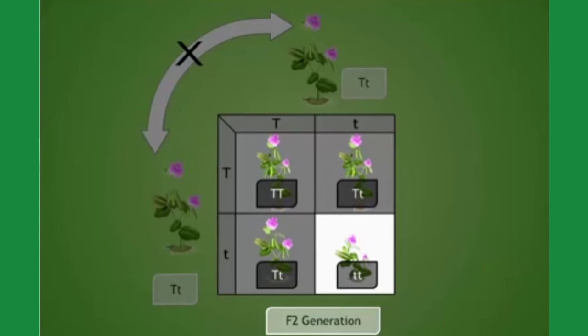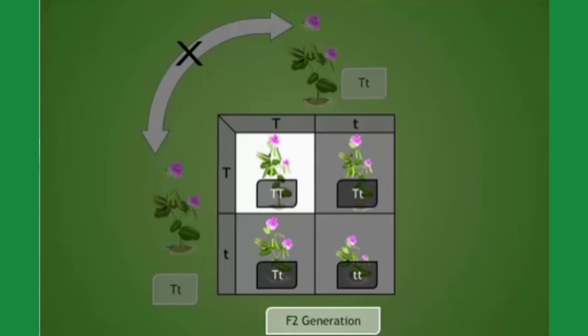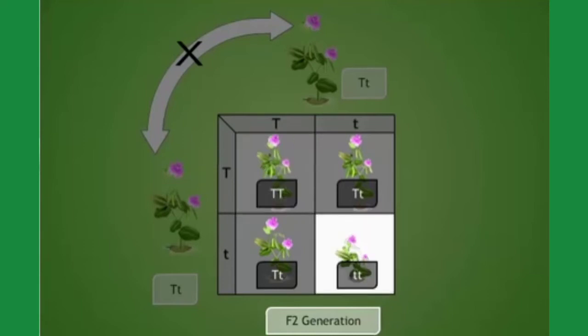Instead, 1/4 of them were dwarf. This indicates that both the tallness and shortness traits were inherited in the F2 plants.